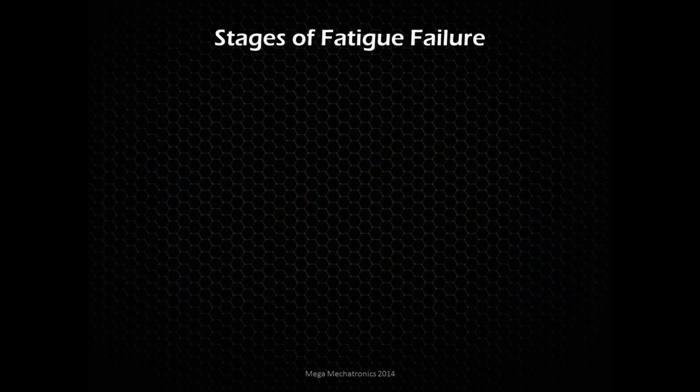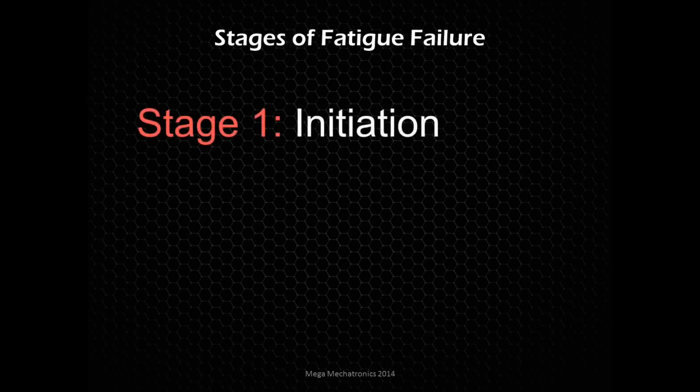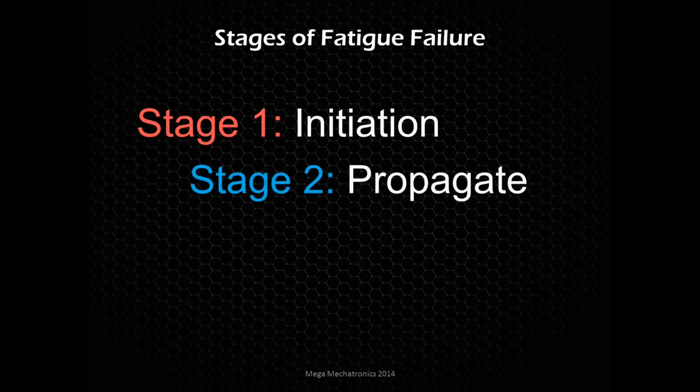So let's look at the stages, the official stages of fatigue failures. Stage 1, we have the initiation. This is where it all begins, and likely at a stress concentrator, but this is where the part starts fracturing. And then stage 2 is the propagation, where that fracture, every time it gets loaded, starts growing and growing in very tiny microns, a very, very small amount.